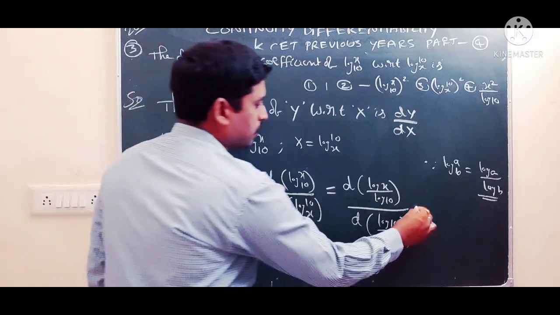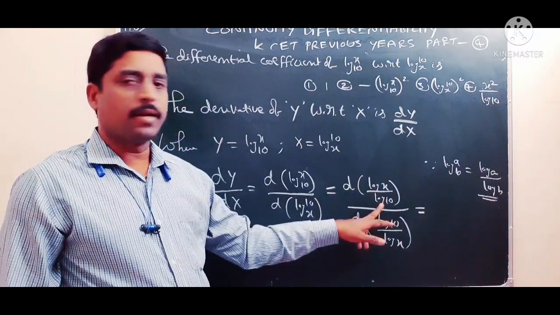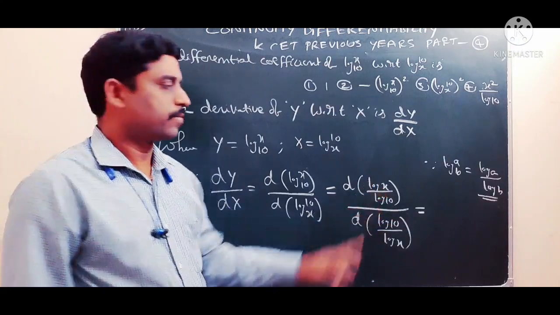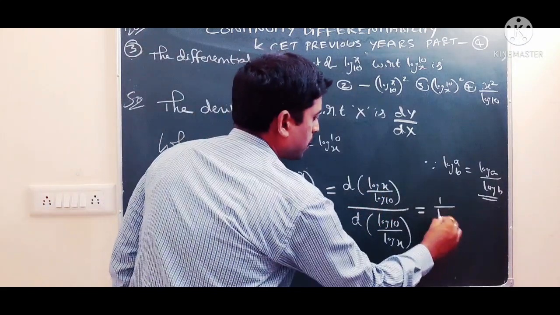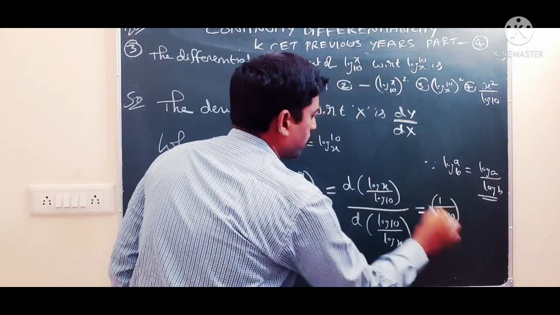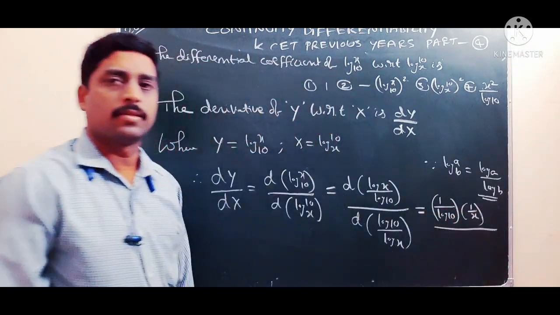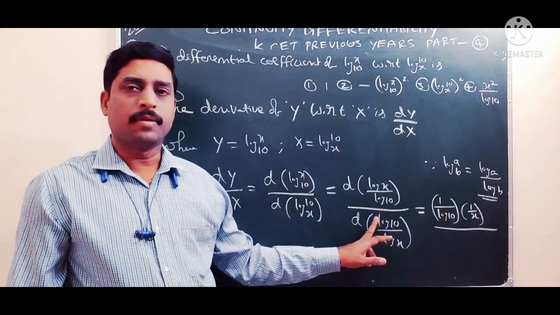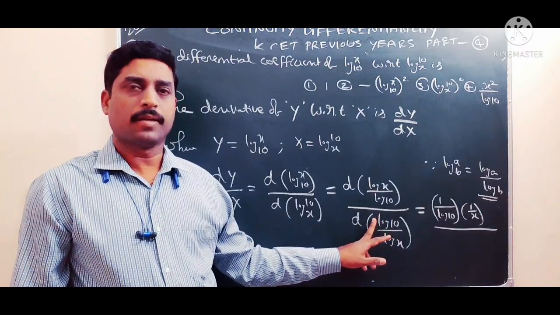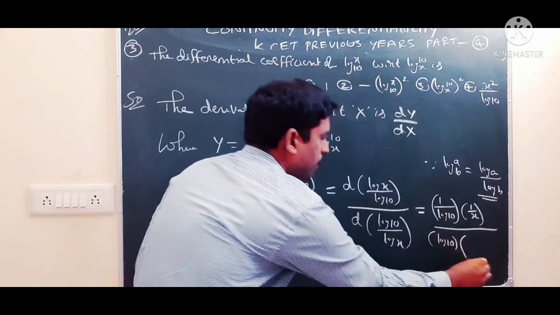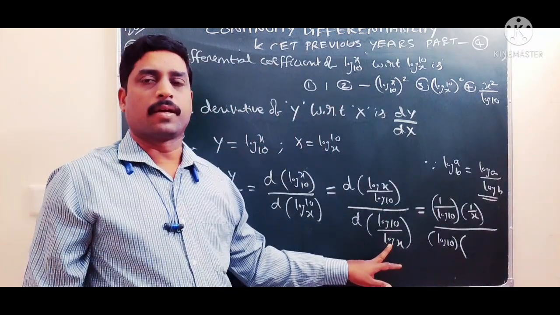This is equal to, in this 1 by log 10 is constant, derivative of log x is 1 by x. So 1 by log 10 into derivative of log x, this will be 1 by x. This whole divided by, in the denominator, log 10 constant, derivative of 1 by log x.